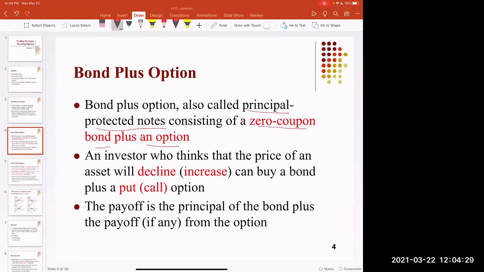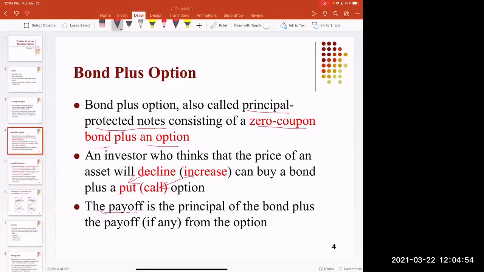So an investor who thinks that the price of the asset will decline is gonna buy a bond plus a put option because they think the price is gonna go down. If it's going up, you're gonna buy a call, right? So that's the expectation about the price.